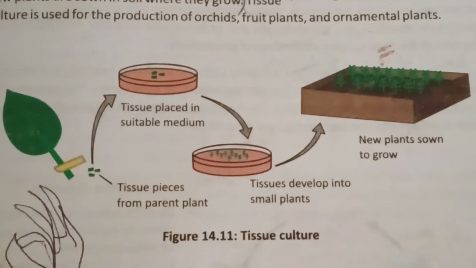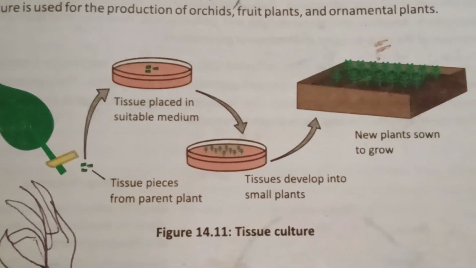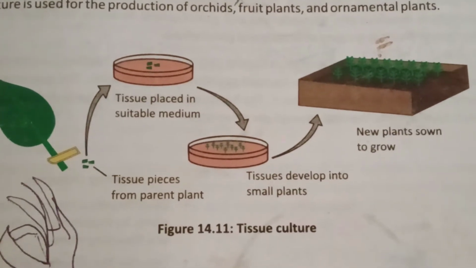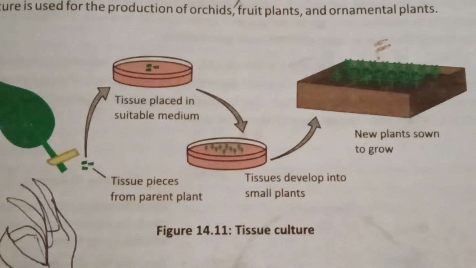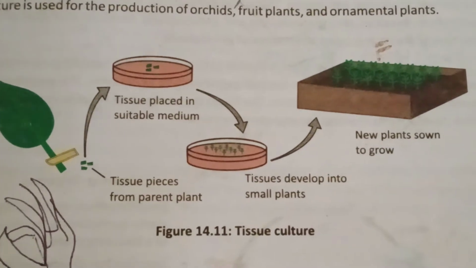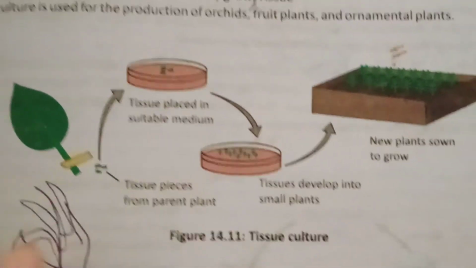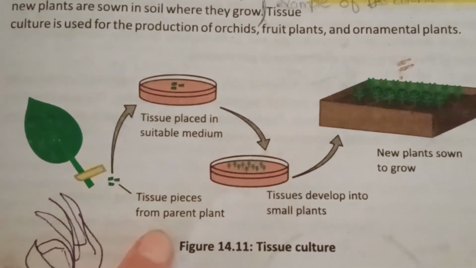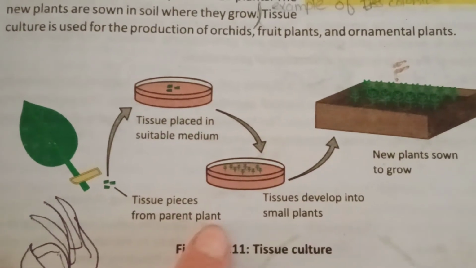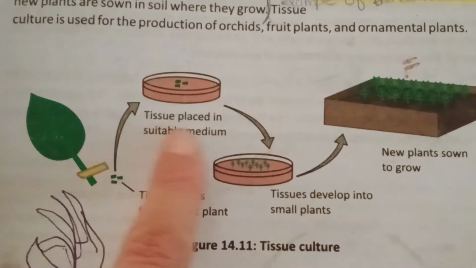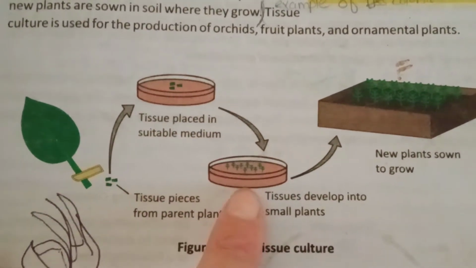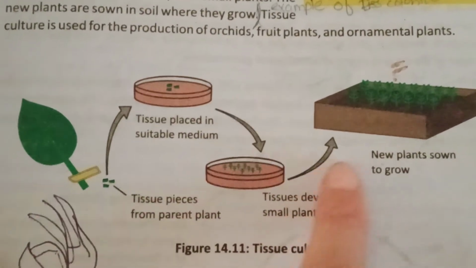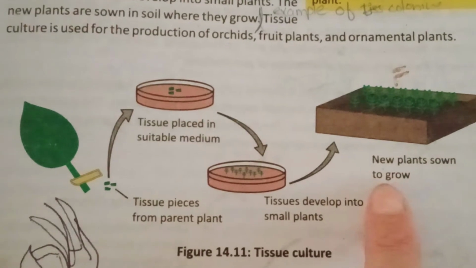Next one is tissue culture and cloning. This is the method of propagation which is also called micropropagation, since it uses only a small part of a plant. So here you can watch that tissue pieces from the parent plant are used, then the tissue is placed in a suitable medium, then the tissues develop into small plants and the new plants are sown to grow.